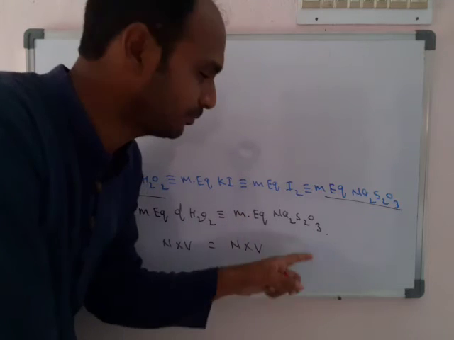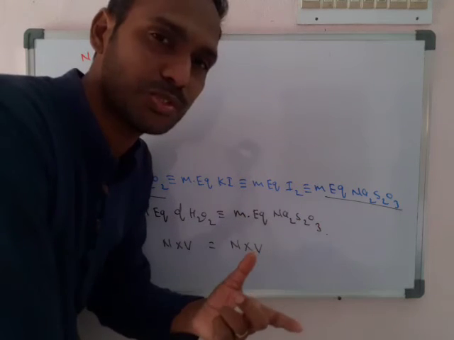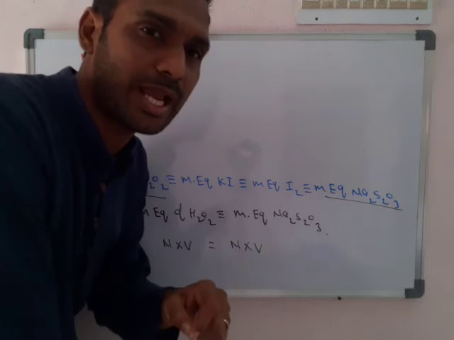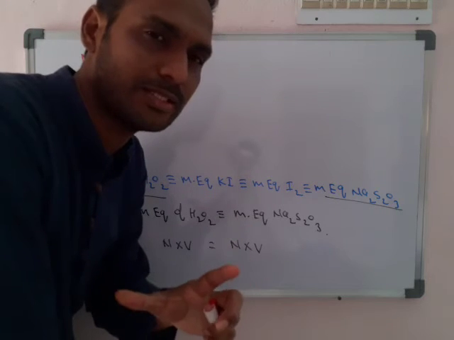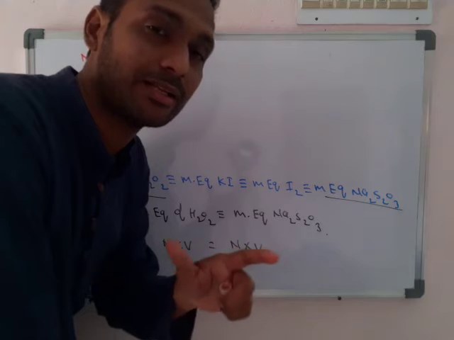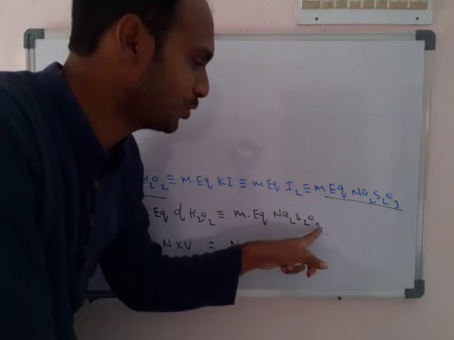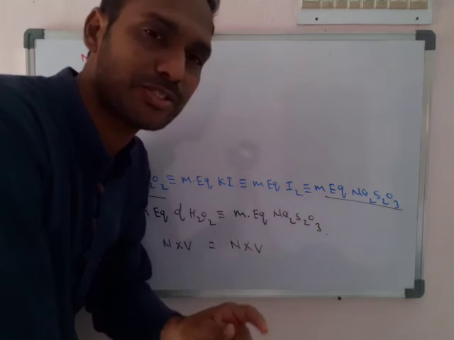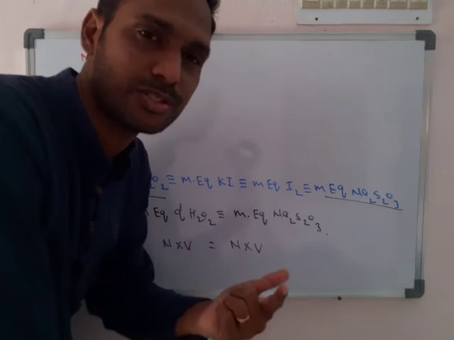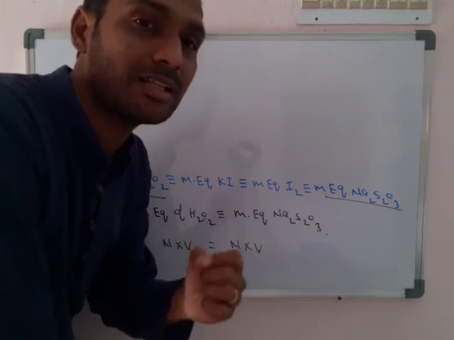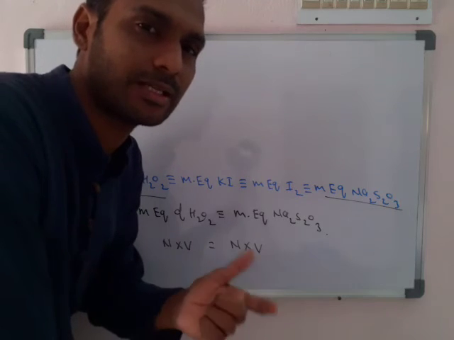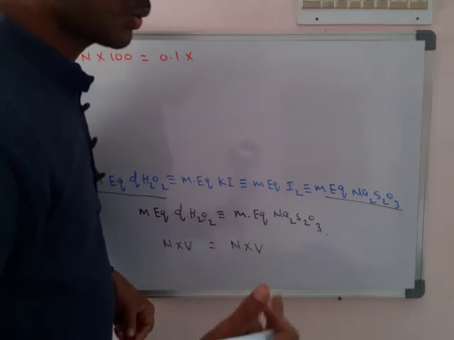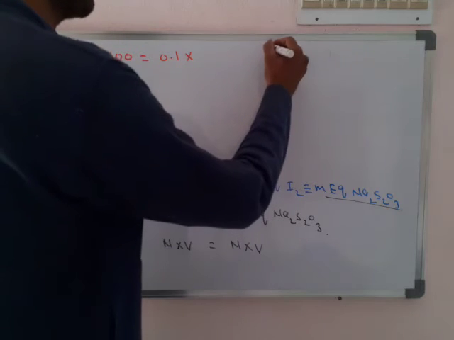So you remember that S2O3 minus 2 changes to tetrathionate. Okay, tetrathionate. So S2O3 minus 2, thiosulfate, changes to tetrathionate.